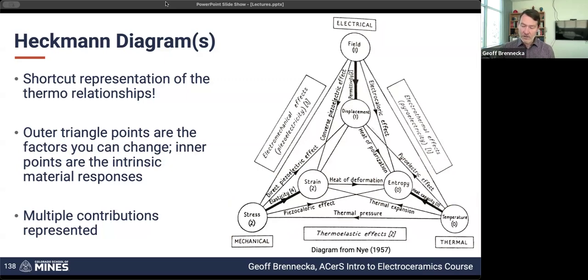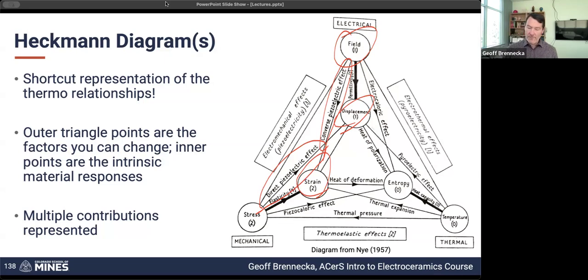And now you can look at, well, when I change the field to get a change in strain, that's the piezoelectric effect. And similarly, when I change the stress to affect the displacement, or affect the displacement to affect the stress, then that's also the piezoelectric effect. That's converse versus direct.